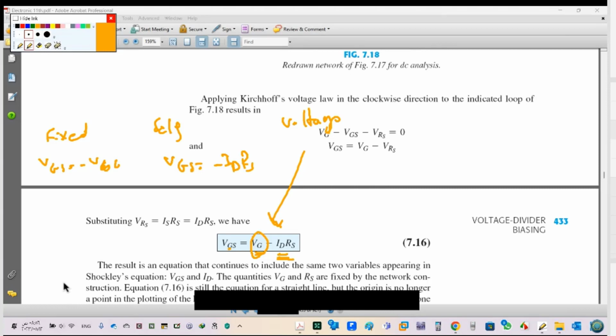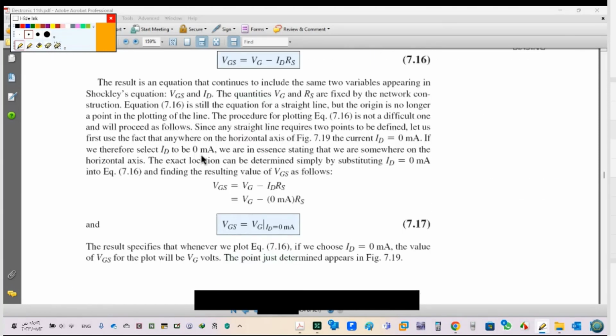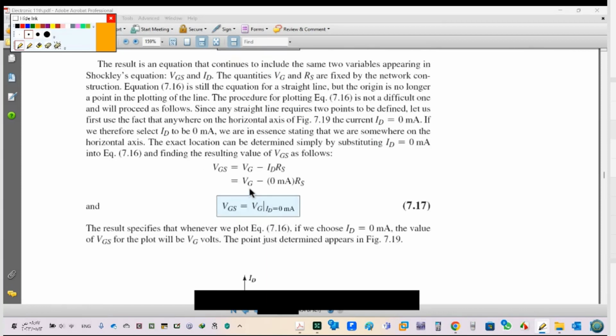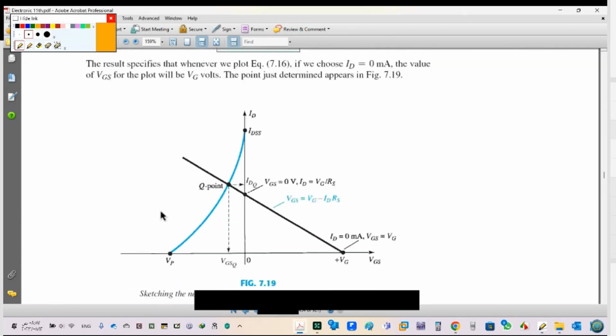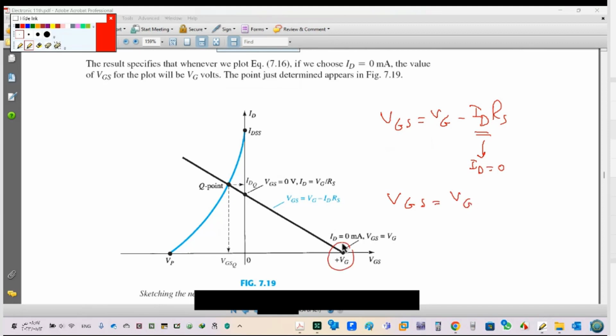Now again, I want to draw this by selecting 2 points. How can we select those 2 points? I will write the formula here: VGS equals VG minus ID RS. If I select ID equal 0, then VGS equals VG. This is the first point.